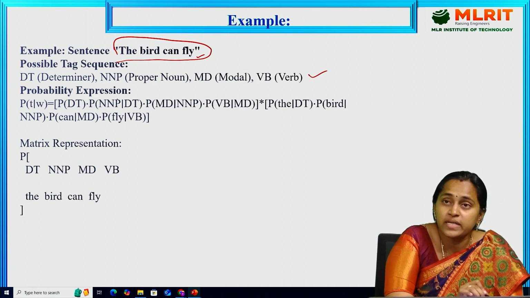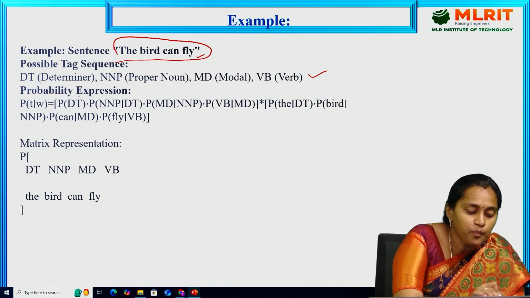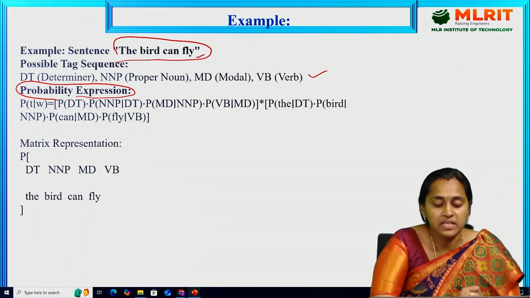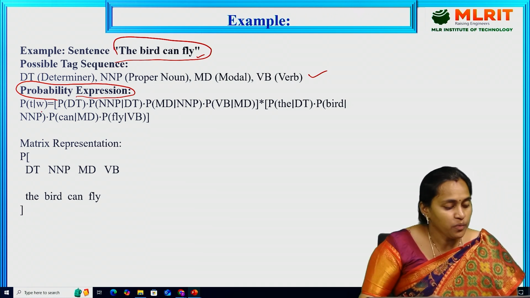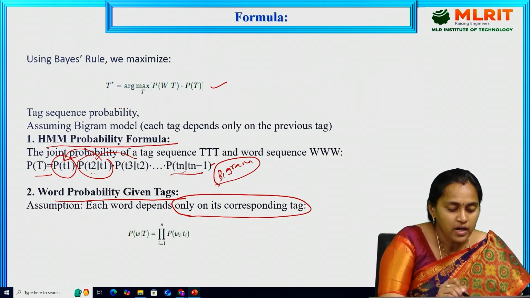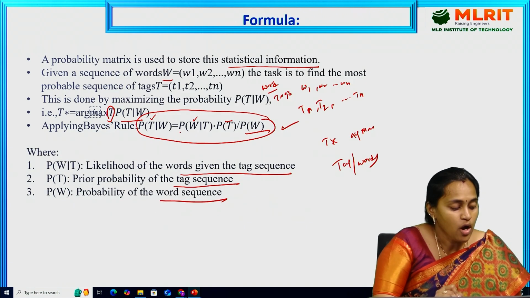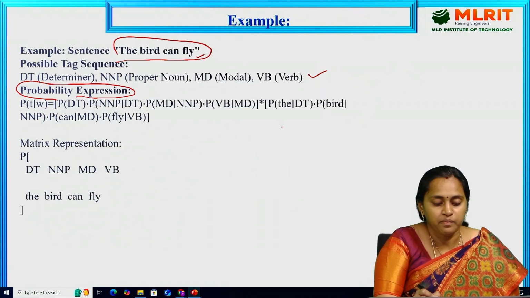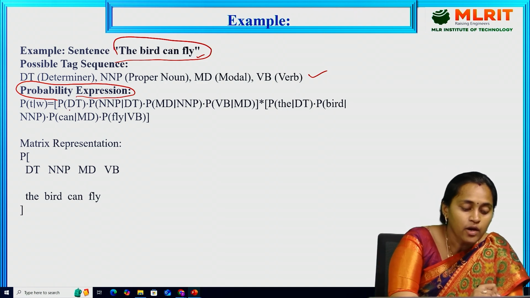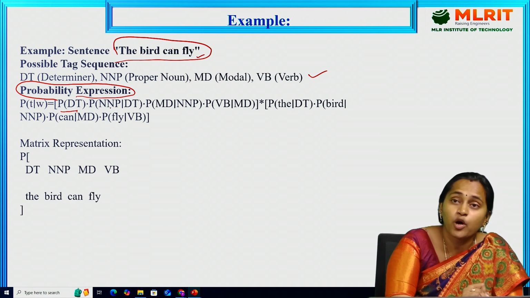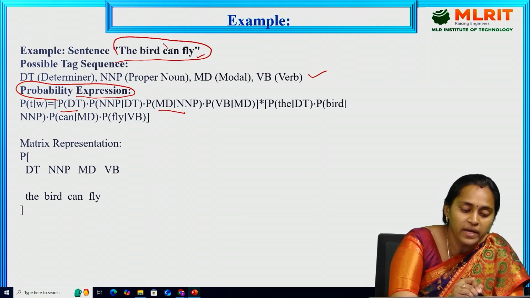After the possible tag sequence, we are applying some probability expression. That means probability of T given W is equivalent to probability of W given T into probability of T. This is the formula applied. See here, the probability of determiner, probability of noun, and next modal is determiner followed by the noun.